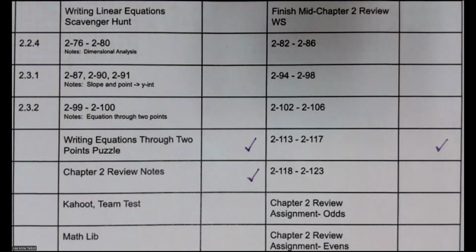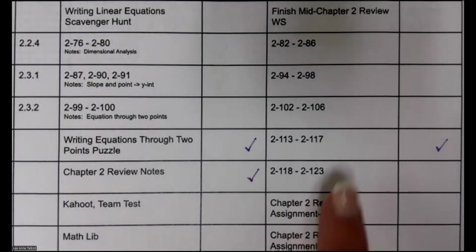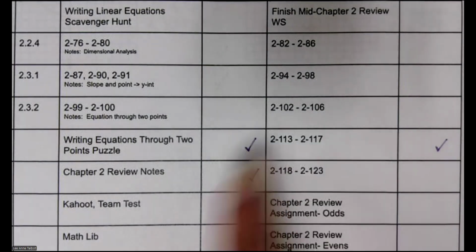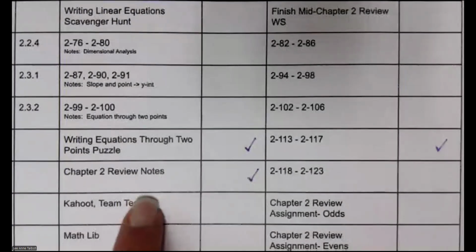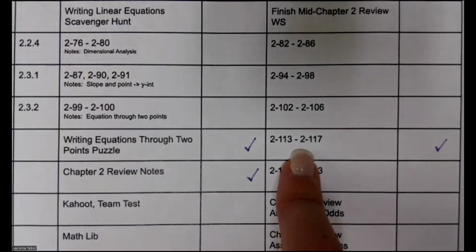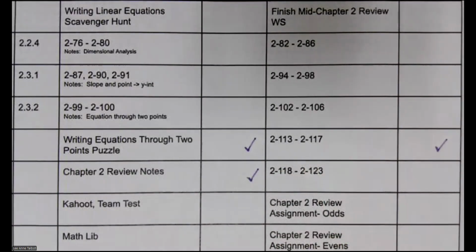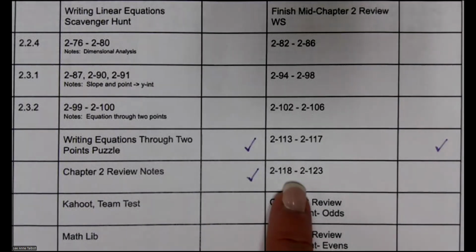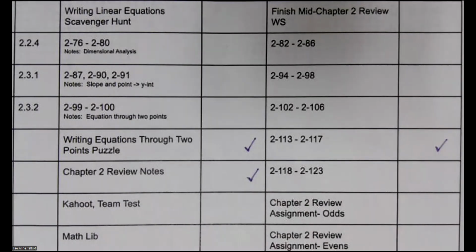Everyone gets a stamp for the puzzle because everyone finished it, so you don't have to show me anything for that. We did it on whiteboards. Did I stamp you already? No, okay. I know everyone that was here gets a stamp. And if you weren't here, you have to get a stamp too, because I'm not getting the puzzle back out. Homework was 113 to 117, and then we just did the review notes. So if you could have your packet open to the review notes, and have your notebook open to 113 to 117, please. And then after I stamp you, work on 118 to 123.